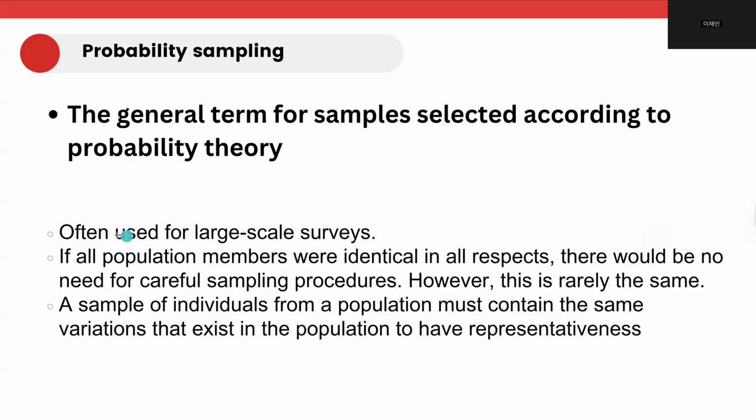Usually these are used for large-scale surveys. If all population members were identical in all aspects, there would be no need for different sampling procedures. However, they are rarely the same, so the sampling theory or method will be applied to each case.